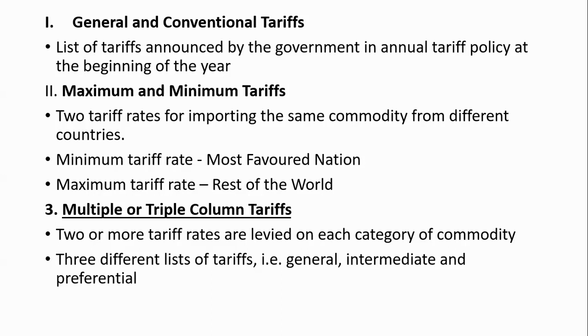General is nothing but the maximum rate that has to be collected from the rest of the world with whom the treaty or agreement is not signed. Intermediate is nothing but a minimum rate of tariff that has to be collected from the nations with which we have signed agreements. Those countries are treated as the most favored nations.